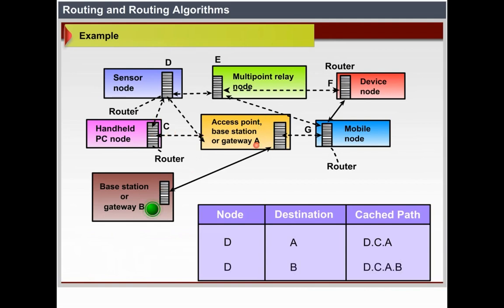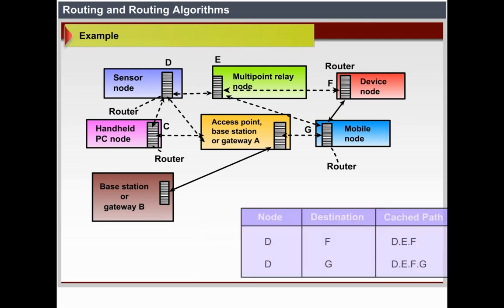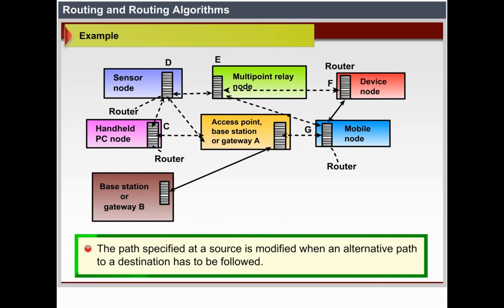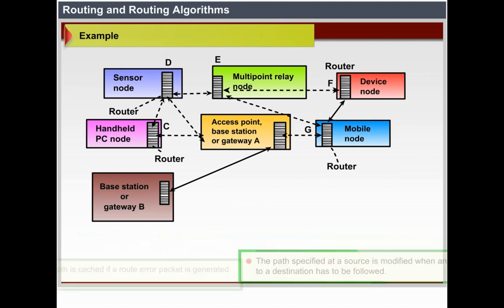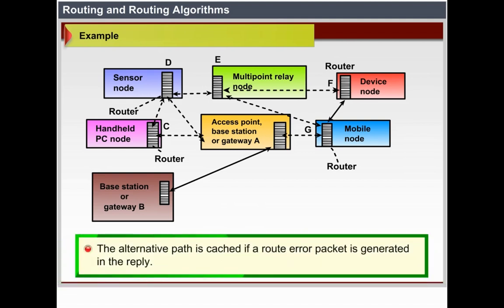Node D, destination B, cached path DCAB. Node D, destination F, cached path DEF. Node D, destination G, cached path DEFG. The path specified at a source is dynamically modified when an alternative path to a destination has to be followed. The alternative path is cached when there is a route error packet generated in the reply.